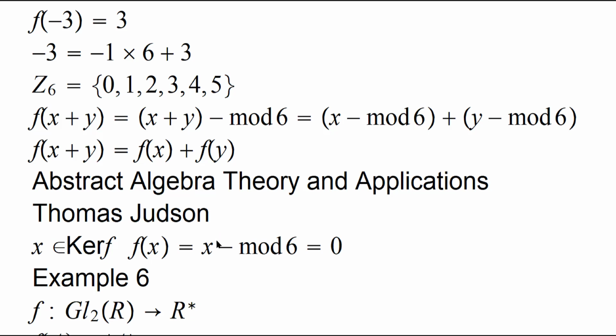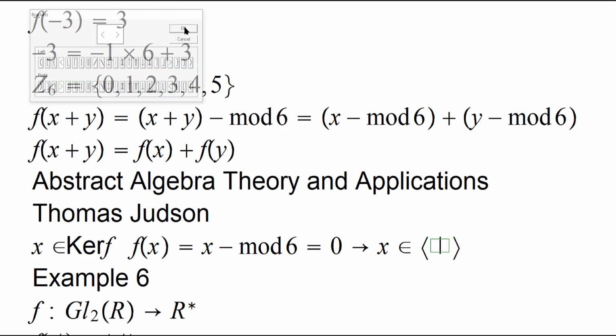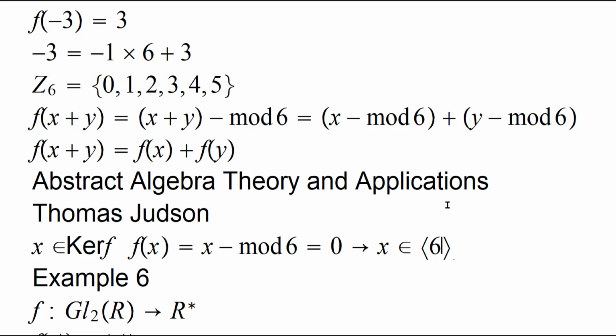Now who are the numbers who are 0 mod 6? They are all the multiples of 6, remember? So that means that x belongs to just the multiples of 6, or in other words, just the cyclic group generated by 6, right?